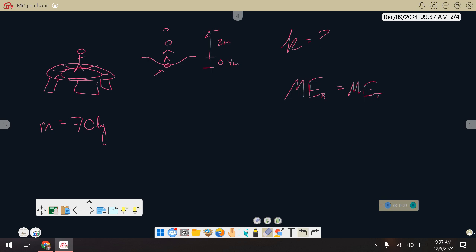What are the types of mechanical energy changing in this situation? Kinetic. Okay, so I'm going to say kinetic at bottom and kinetic at top. Okay, yeah, it's all of them. Gravity at the bottom plus gravity at the top plus elastic at the bottom plus elastic at the top.